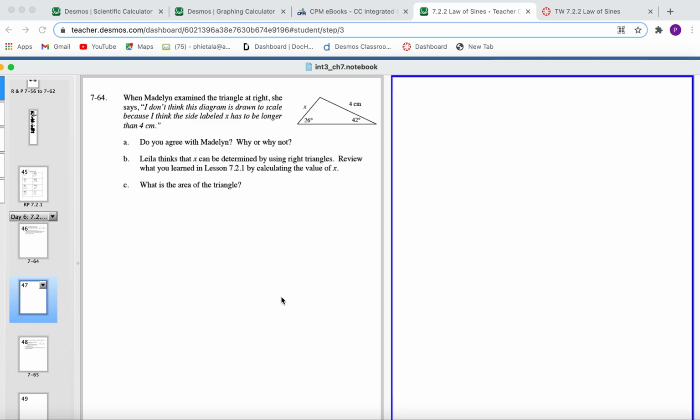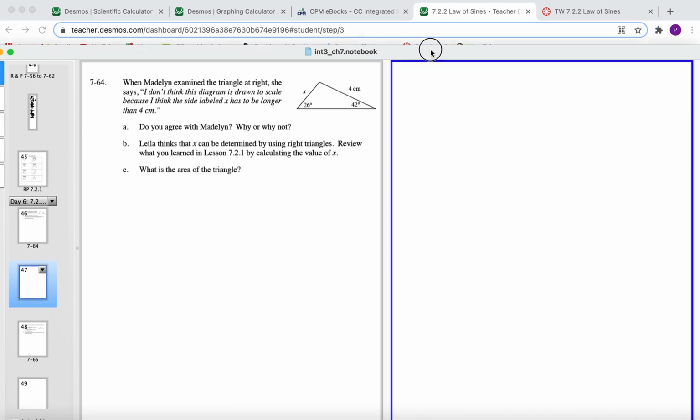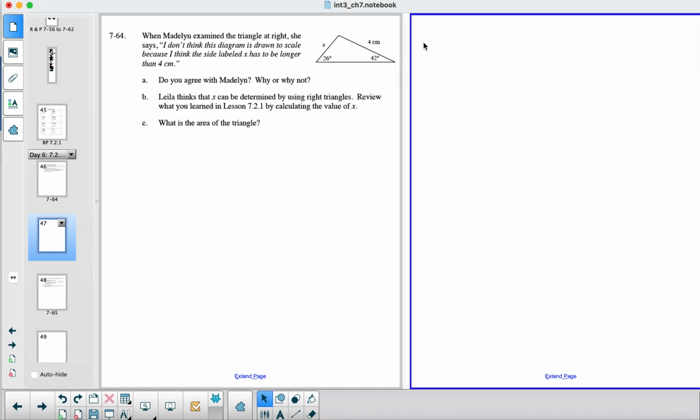Let's fill in that missing angle first. That should be the easy part. We need to move that up into our screen.